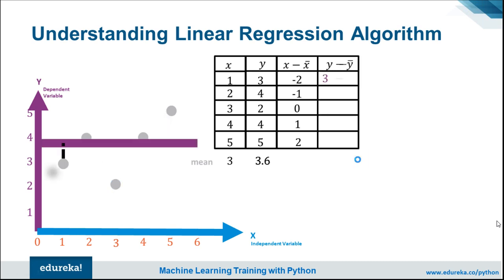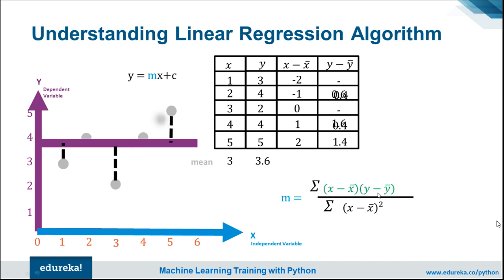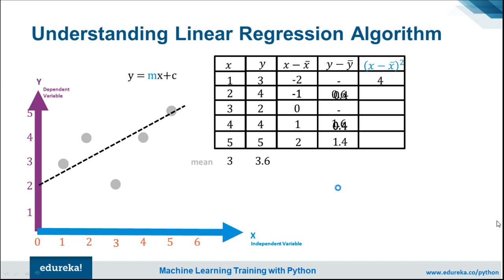Similarly, we calculate. We have y bar as 3.6. There is a little bit of an editing mistake here, but I hope you understood completely. You got y minus y bar. Then you calculate (x minus x bar) squared. You take the square of all these values, and you get the squares.